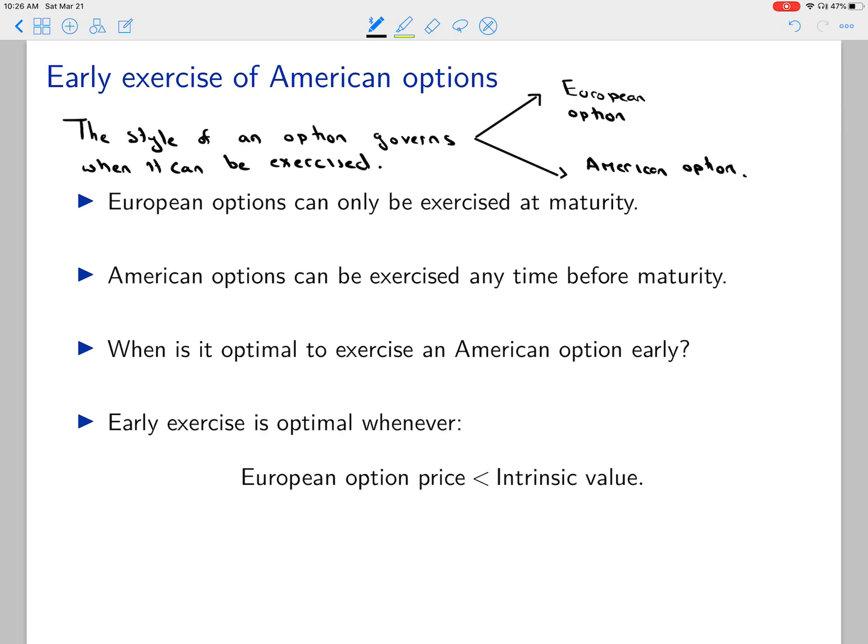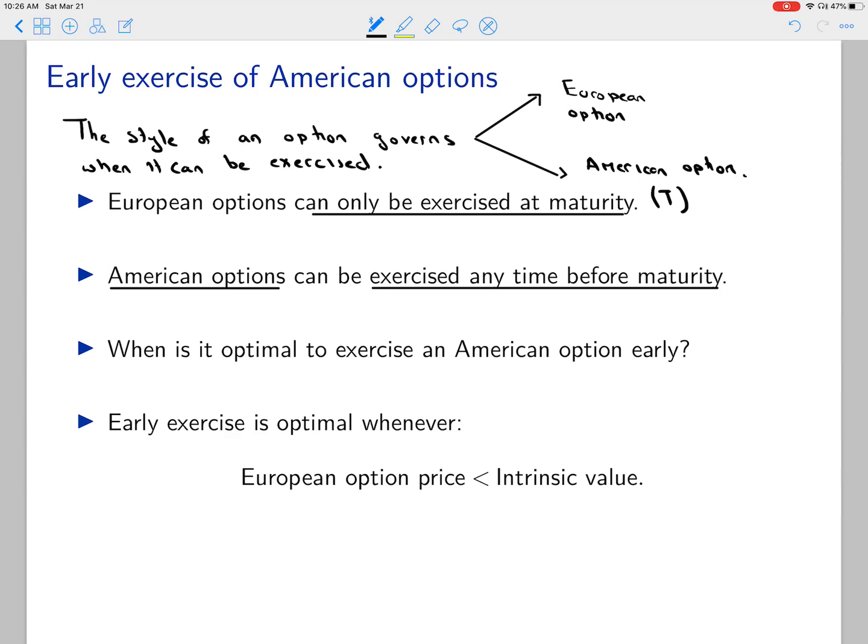So let's start with European options. European options, recall, can only be exercised at their date of maturity. So each option has a maturity date, capital T. It can only be exercised on that date of maturity, capital T. Now, American options are slightly different in that they can be exercised at any time before maturity.